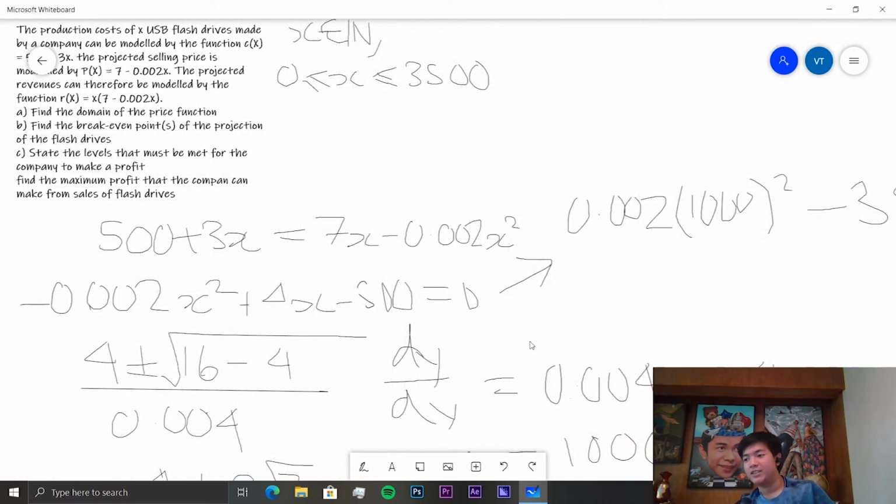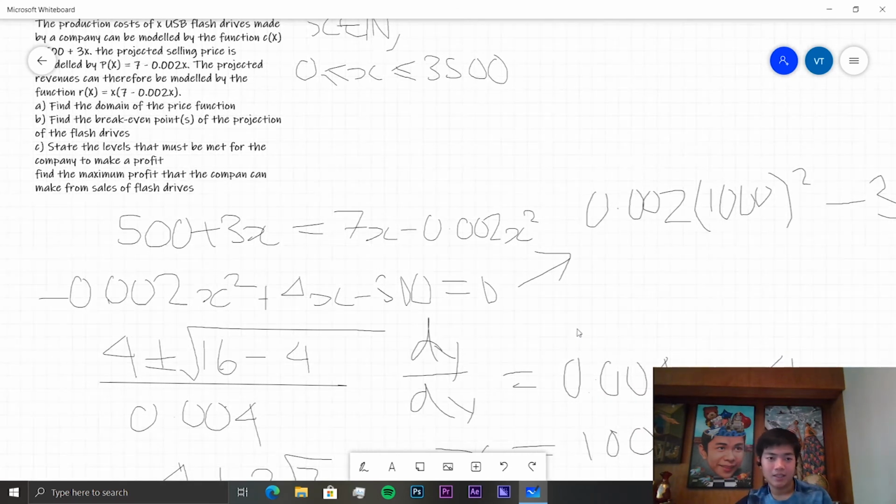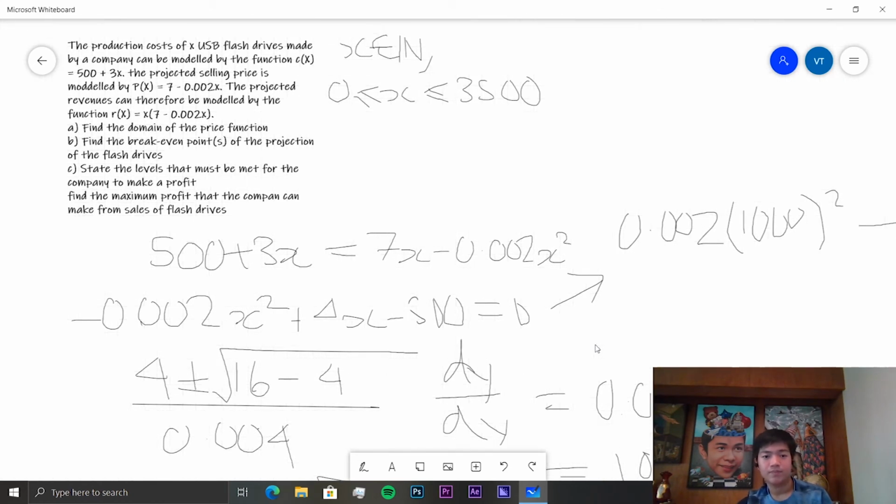It's still at 1,000 units. We should be producing 4,000, 1,000 times 7 minus 0.02 times 1,000. So 7 minus 2, which is 5.